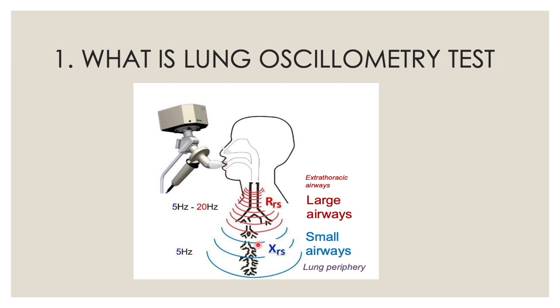Also, this resistance can be differentiated from the lung reactance, which is a term that we'll be discussing in the coming slides. Using these two main measures, we can ascertain whether the lung is giving more resistance, whether it is more stiff, whether it is more compliant, and we can use this data to tell us clinically about the disease in question.